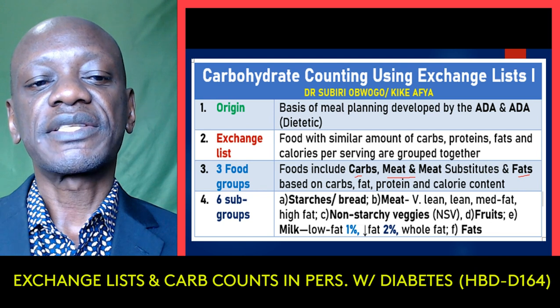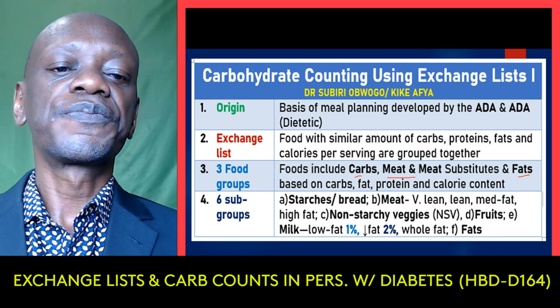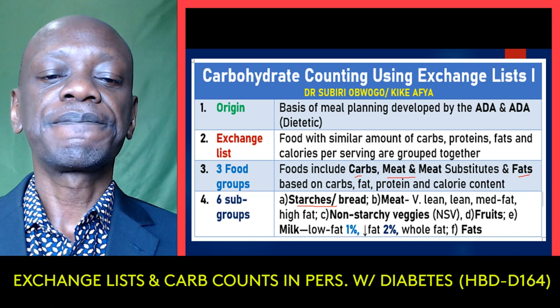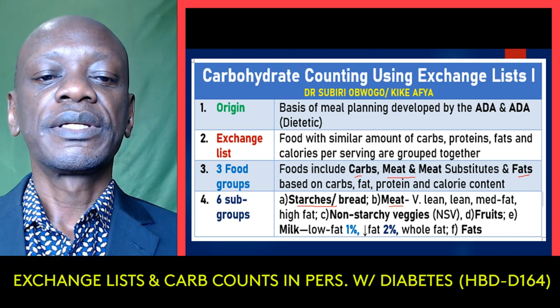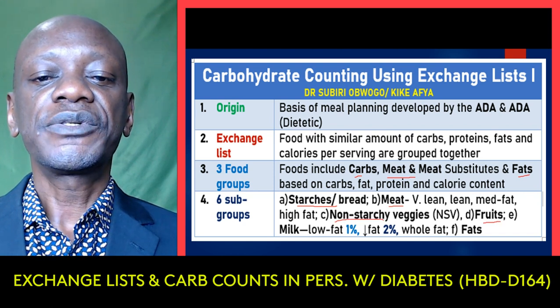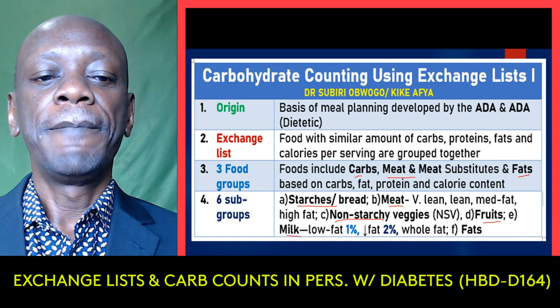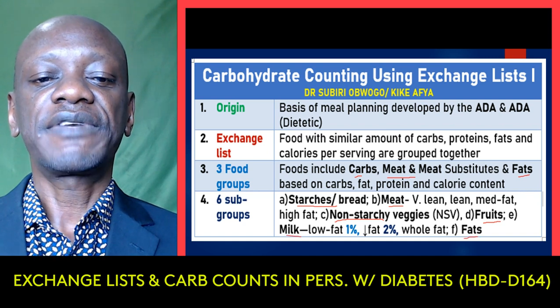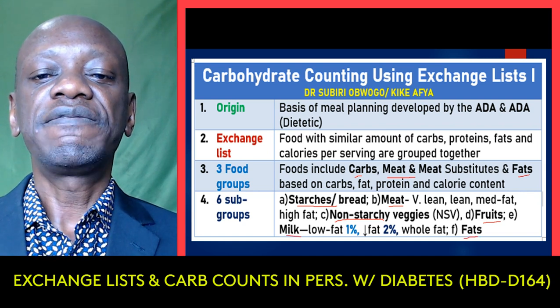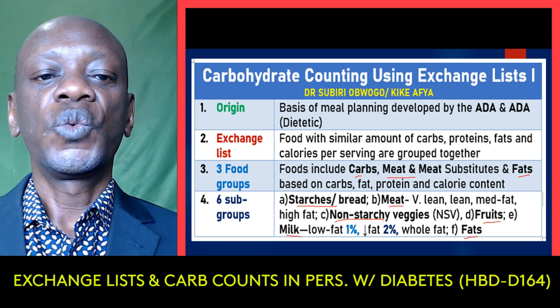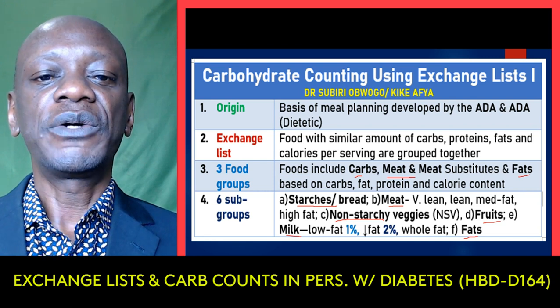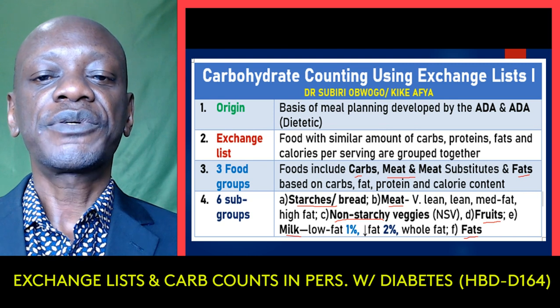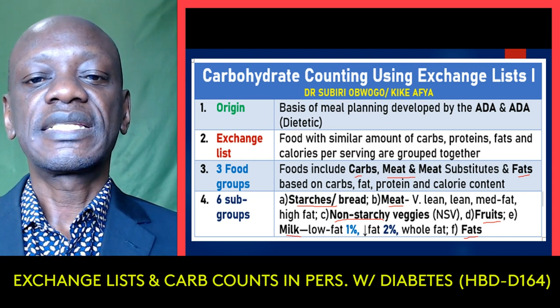So about 6 groups, that is starches, things like bread, meat, non-starchy vegetables, fruits, milk, and fats. Remember, all the foods in each of these groups will contain the same amount of carbohydrates, protein, fats, and calories per serving.